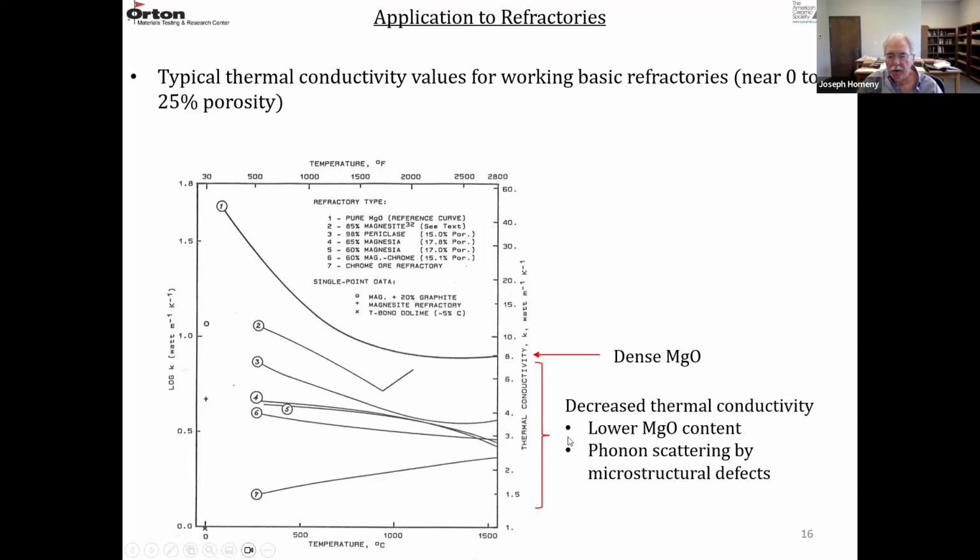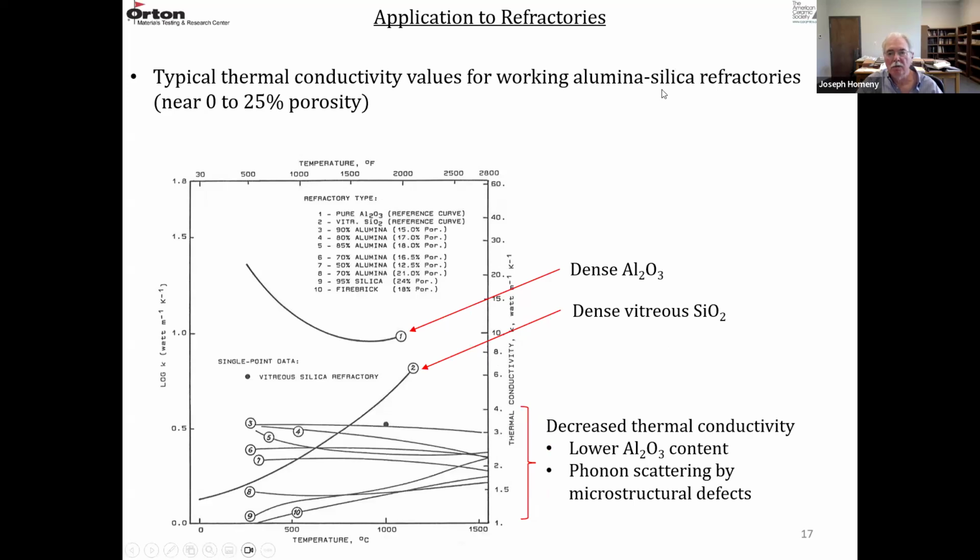And then as we lower the MgO content with chrome additions, the conductivity decreases from the top to the bottom here. So lower MgO content, you have phonon scattering, microstructural defects, and chrome is a lower conductivity material. So that's a trend for basic refractories. MgO's the highest conductivity, and it decreases with chrome additions.